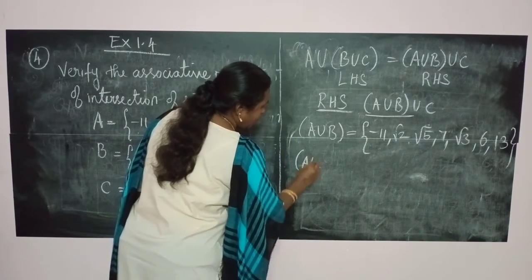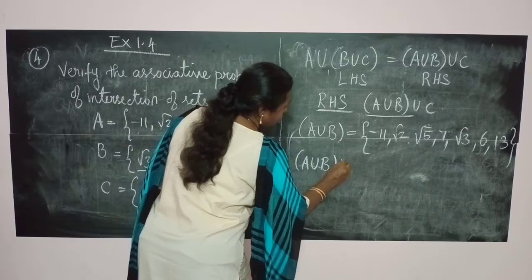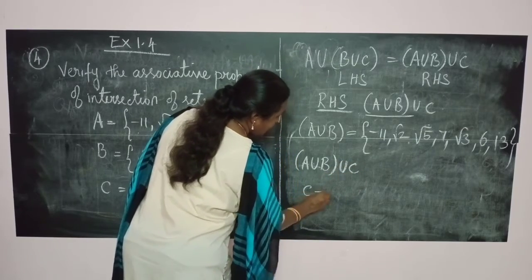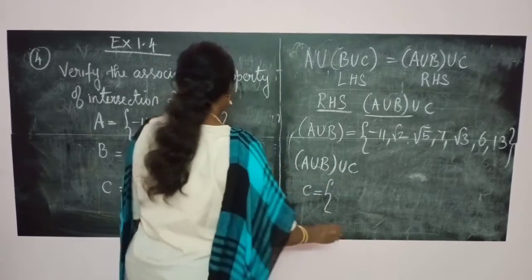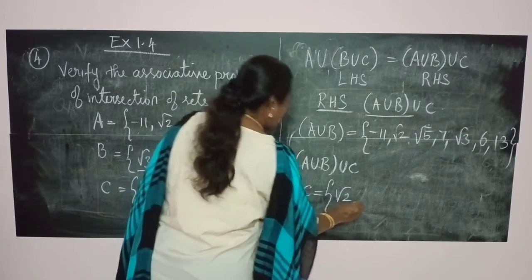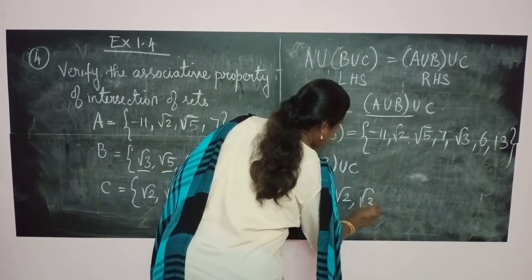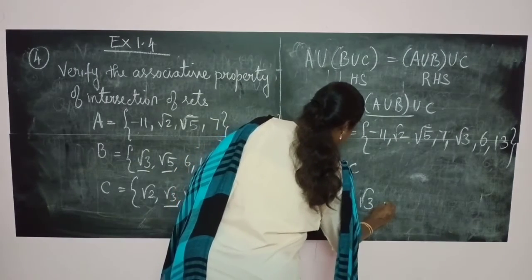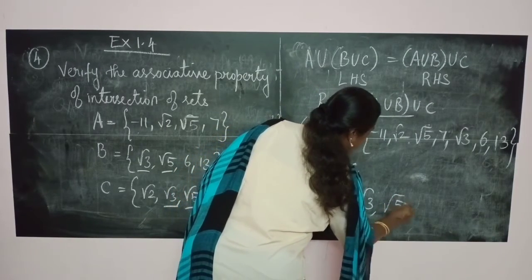A union B, union C. Here C I am going to write it here, so you can easily see all the elements in C. Root 3, root 5 and 9.